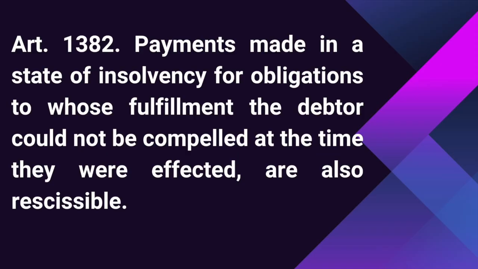That's 1382. What is 1382? It says, payments made in a state of insolvency for obligations to whose fulfillment the debtor could not be compelled at the time they were effected are also rescissible. In short, these are what you call premature payments made in a state of insolvency. So what are the requisites? The debtor payer must have been insolvent.